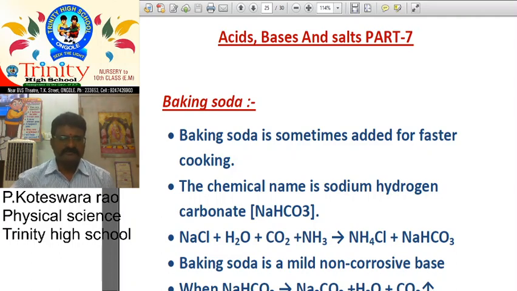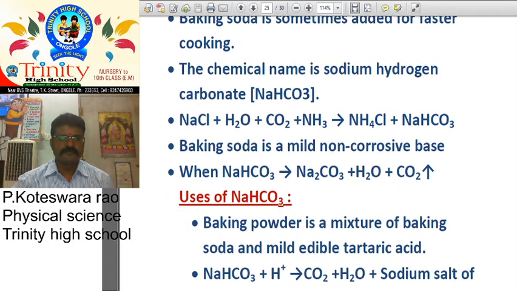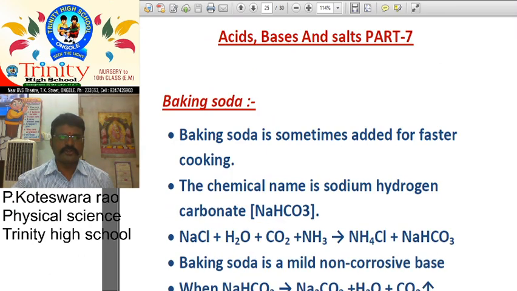First of all, our third substance is baking soda. So what do you know about this baking soda? Which purpose do we use it for? Baking soda is sometimes added for faster cooking.